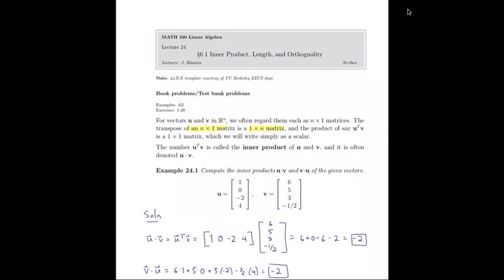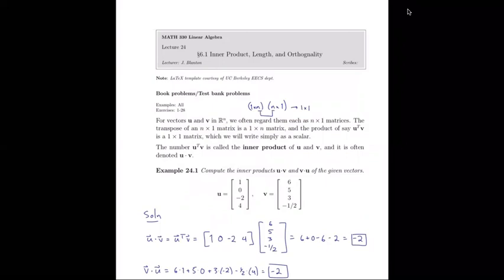Now, if we transpose u, we take an n×1 matrix and turn it into a 1×n matrix. So a 1×n matrix times an n×1 matrix, the dimensions match, so we can perform this multiplication, the inner ends match, and we end up with a 1×1.